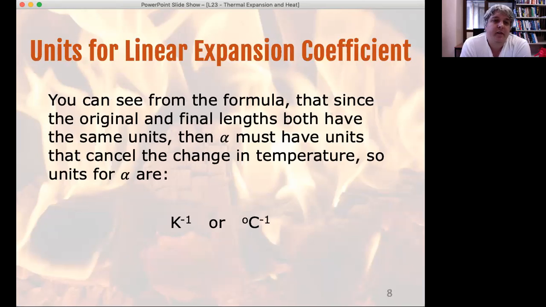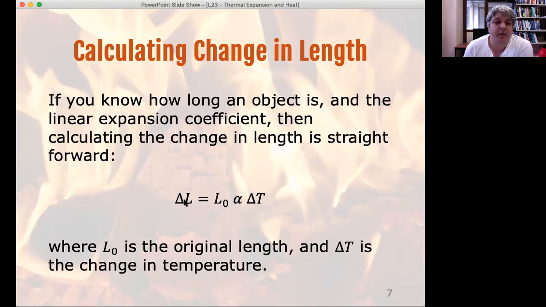The units for the linear expansion coefficient you should be able to see from the formula. So I'm going to go back a slide again, sorry. Go back a slide, we can see on the left side we've just got a length. So that could be any units, but we're thinking dimensions at the moment. Dimensions is it's a length. And on the right hand side we've got L naught, which is also a length. But then we've got alpha, which we don't know yet, and delta T, which we know is a temperature. So in order for the dimensions to balance in this equation, we've got a length on both sides, so that's fine.